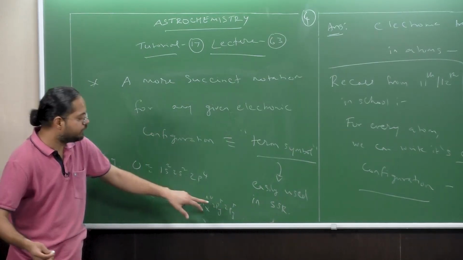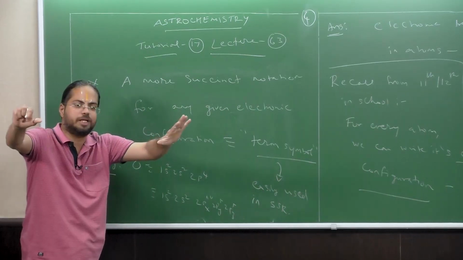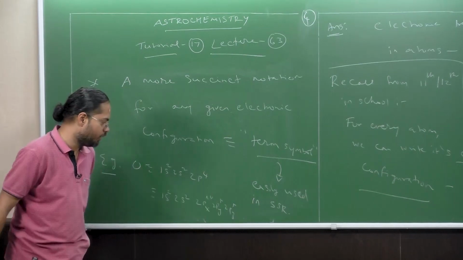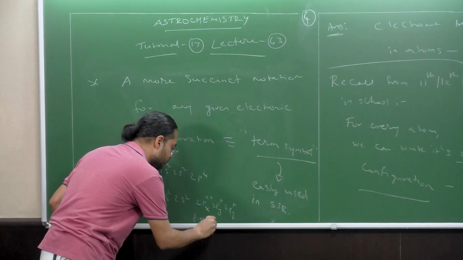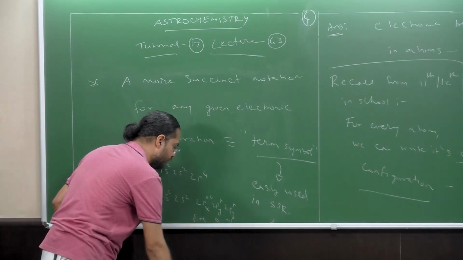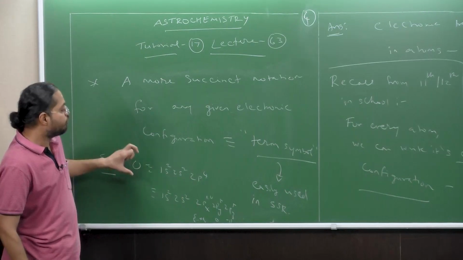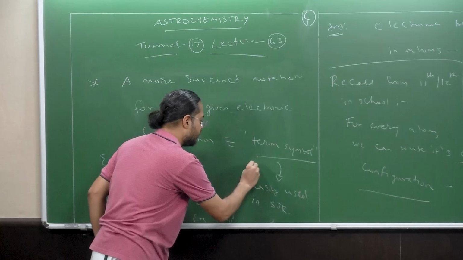See, by convention, we put the spin pairs to be both up. It can also be down, it doesn't change anything, but we're just following the convention and then we go with this particular one, okay, right? And arbitrarily assigning values of M sub L equals +1, M sub L equals 0 and M sub L equals -1. All right. So corresponding to this electronic configuration, we have what is called a term symbol.